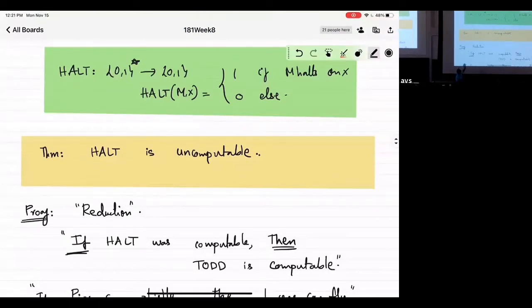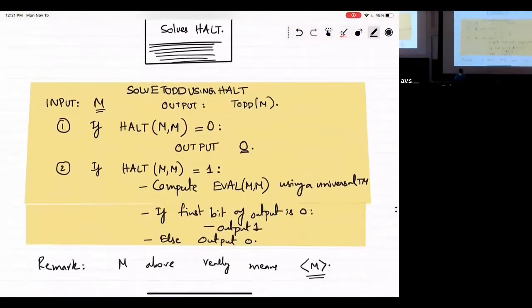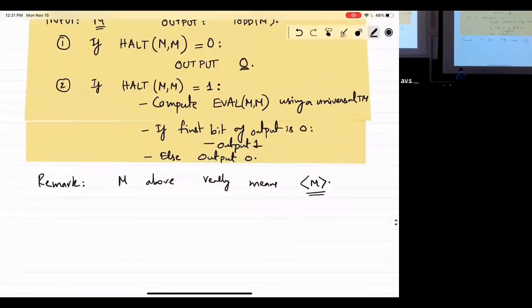So when I write M comma M, it should be appropriately encoded as a binary representation of the machine M. But that's fine because the encoding doesn't matter. I'm just hiding that here.